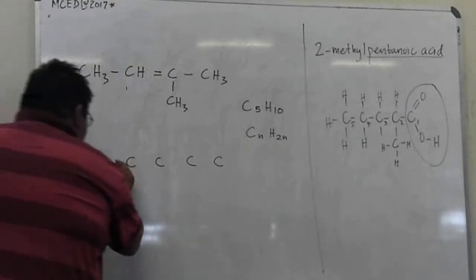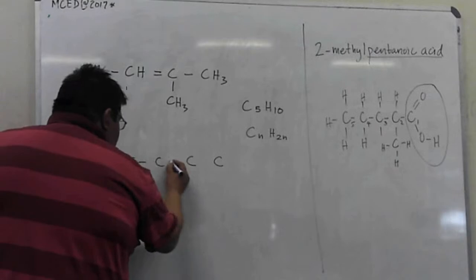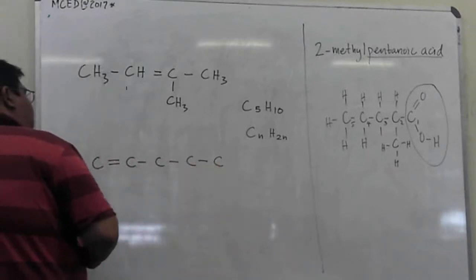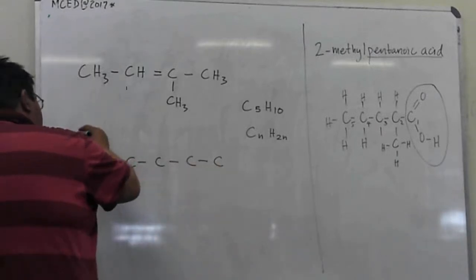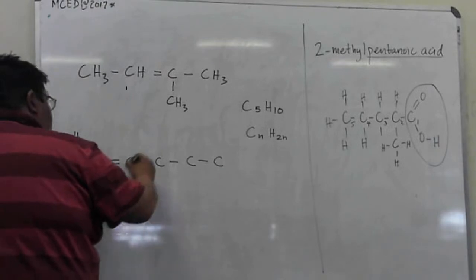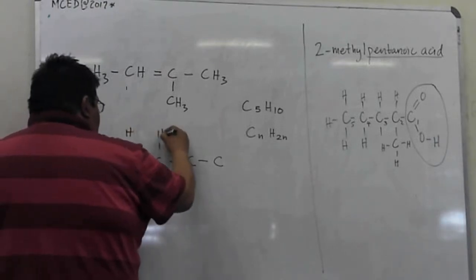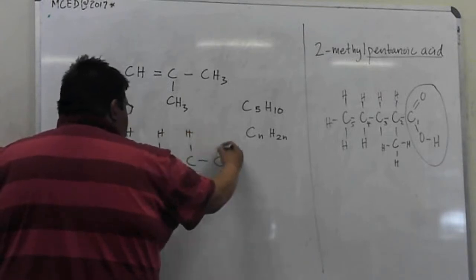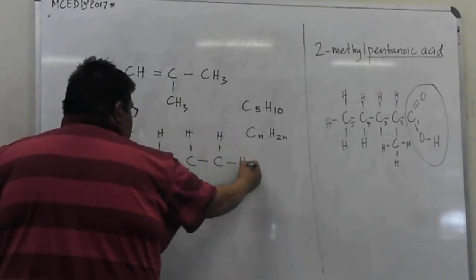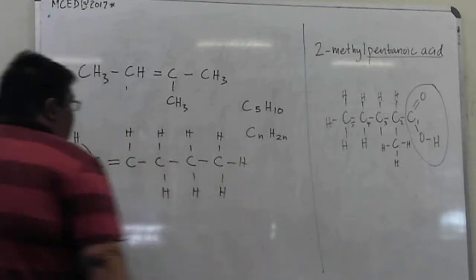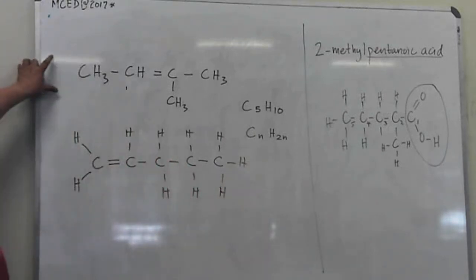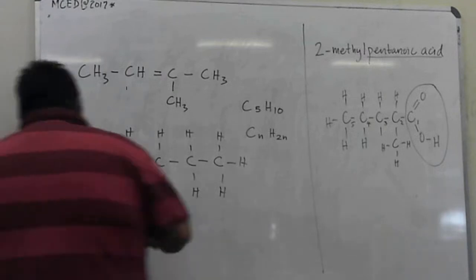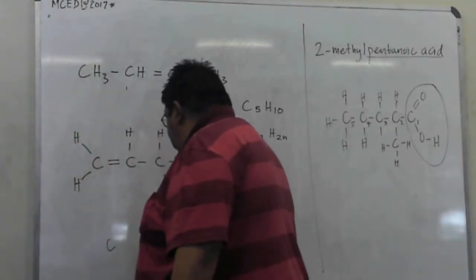So if I put the double bond over here, and I put single bonds for the rest, and I use the rule of 4, I'm going to get, that's 2, that's 3, that's 4, that's 5, 6, 7, 8, 9, 10. And this structure is totally different to that structure. So it's an isomer. Let's see what happens if I move that double bond.